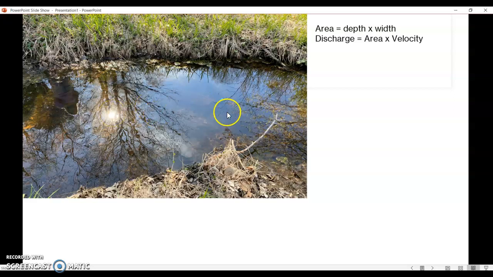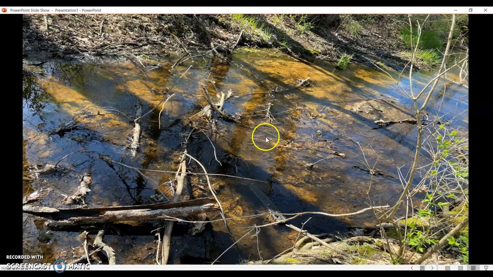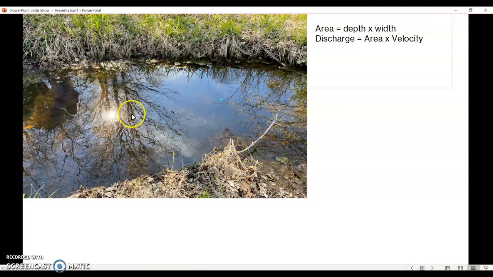So this part is going to be a lot deeper than this spot right here. As you can tell, looking at the pictures, this is not even close to as deep as this part of the creek, and that is because the water is more condensed in one area, so it digs up more of the sediments at the bottom of the creek, making it a lot deeper.